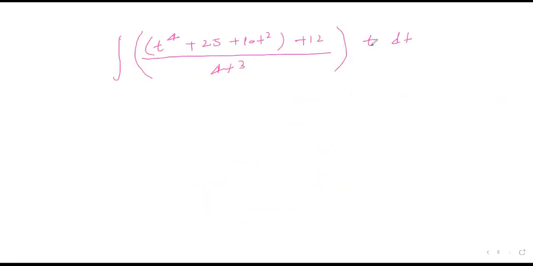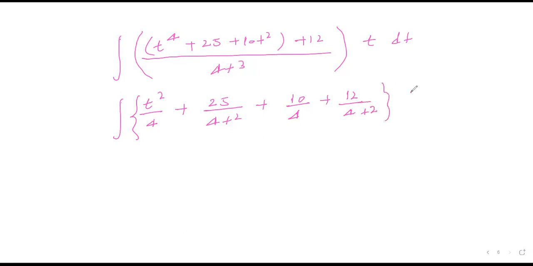So now you can see after multiplying by t, you will get t square upon 4 plus 25 divided by 4t square plus 10 divided by 4 plus 12 divided by 4t square dt.